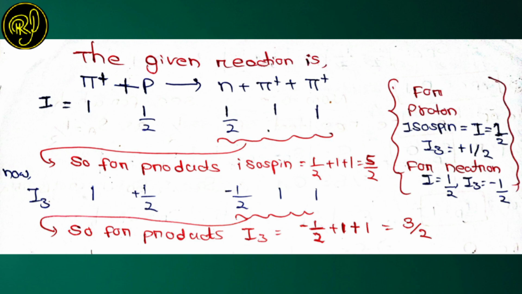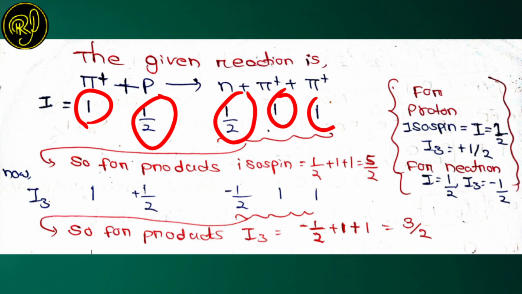Seeing this reaction, isospin is conserved, so for pi plus isospin is 1, for proton isospin is half, for neutron isospin is half, and for each pi plus isospin is 1. On the reactant side, that is 1 plus half, and on the right side half plus 1 plus 1.